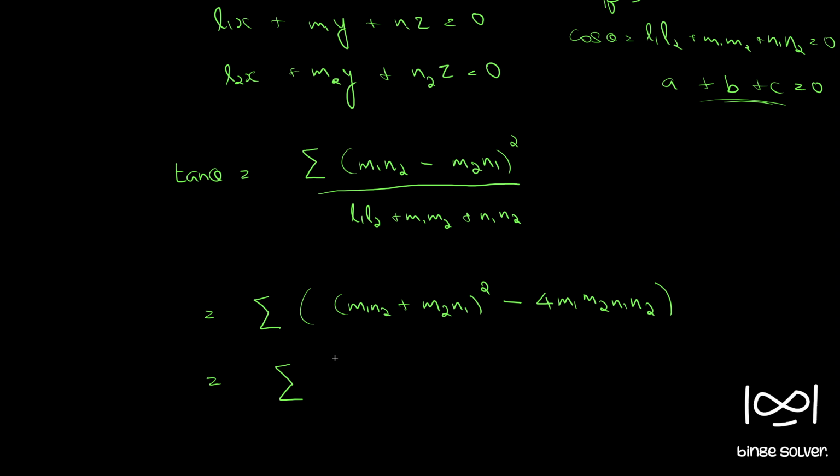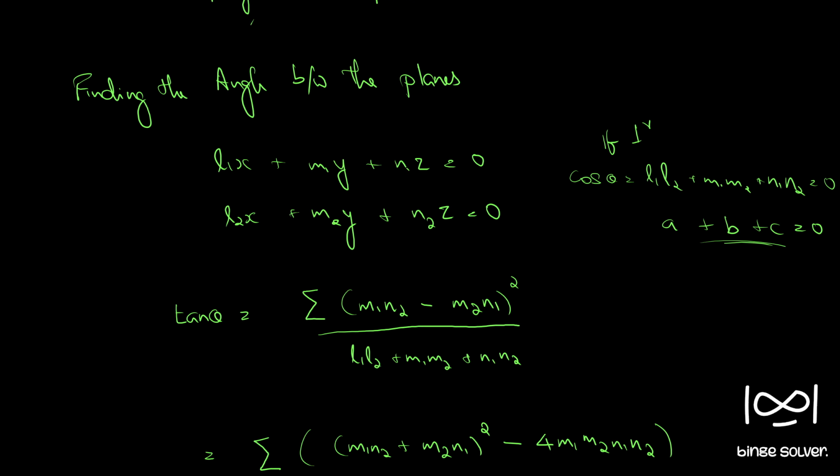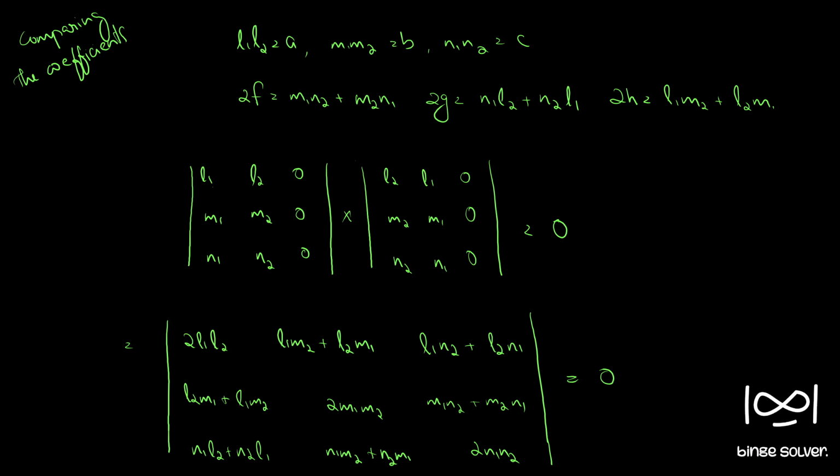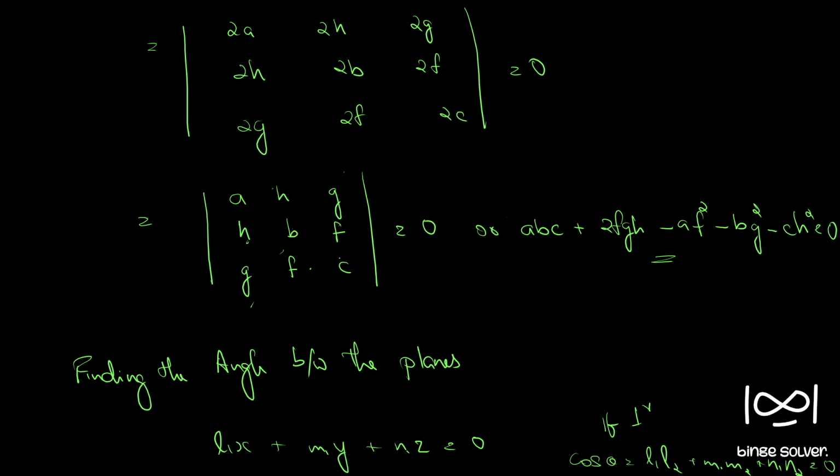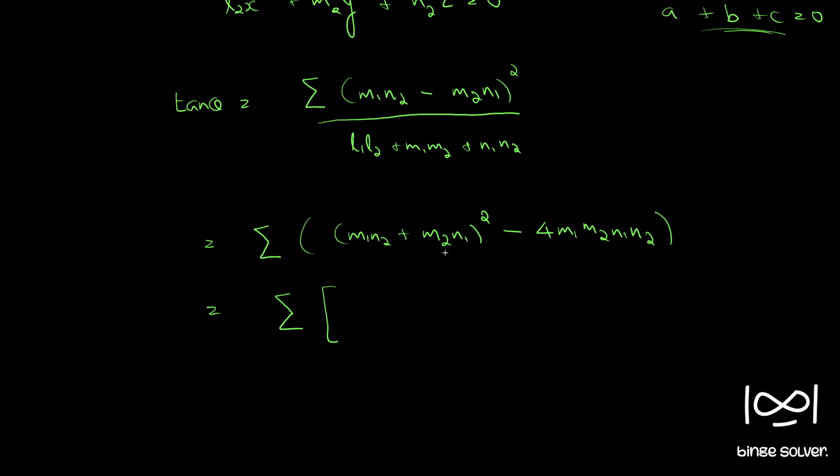The sigma of m1 n2 plus m2 n1 is nothing but 2f, so we get (2f) the whole square minus 4 m1 m2, which is B, and n1 n2 is C, so 4bc. So this reduces to this.